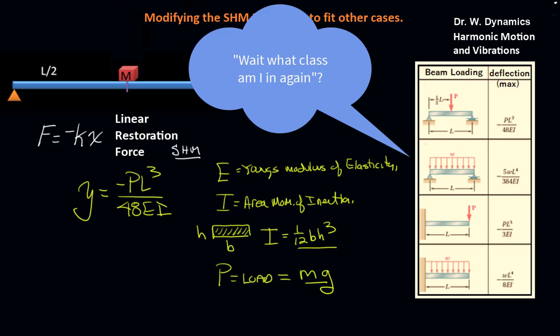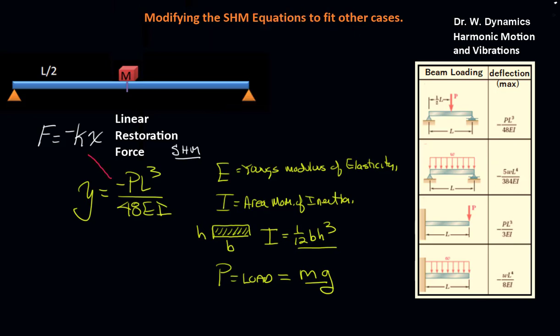And the trick here is to manipulate the deflection equation so it looks like Hooke's law. So the force is P, so let's rearrange this as P is equal to 48 EI over L cubed times y.